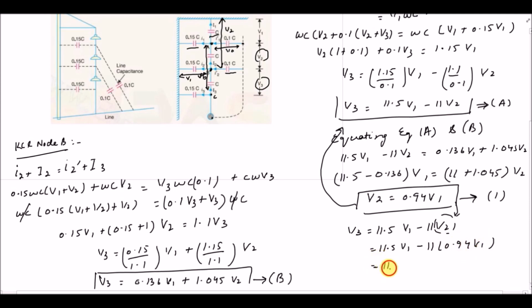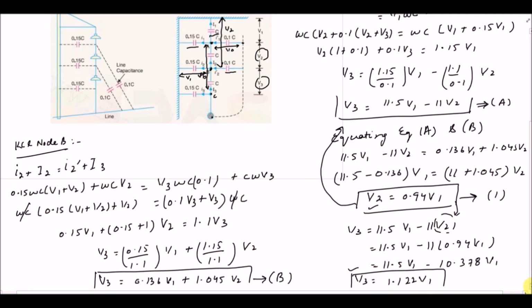And this is 11.5 V1 minus 10.378. And the final value of V3 will be 1.122 V1. So now we have the voltage value V2 and V3 in terms of V1.